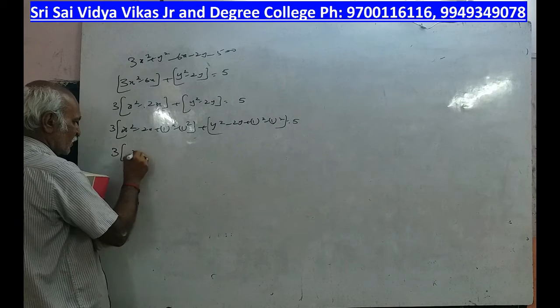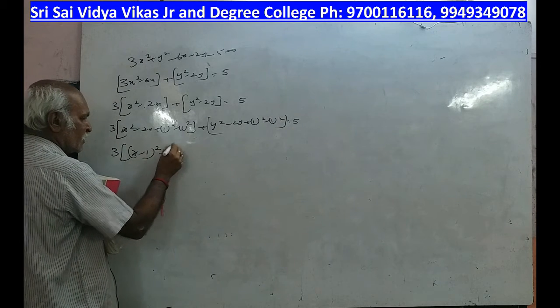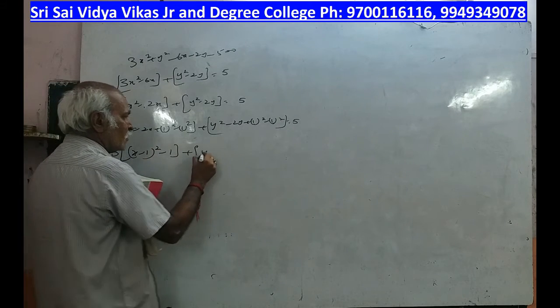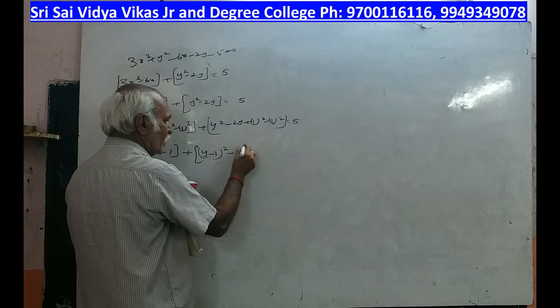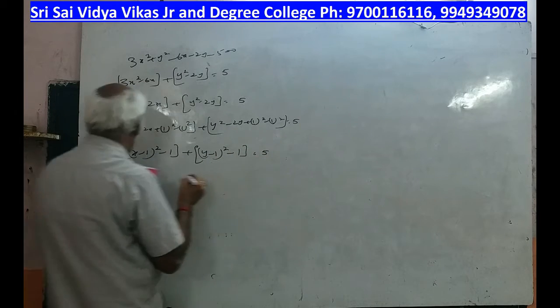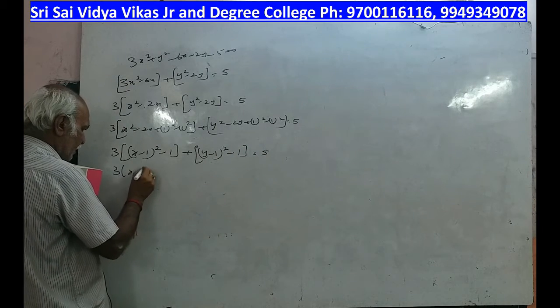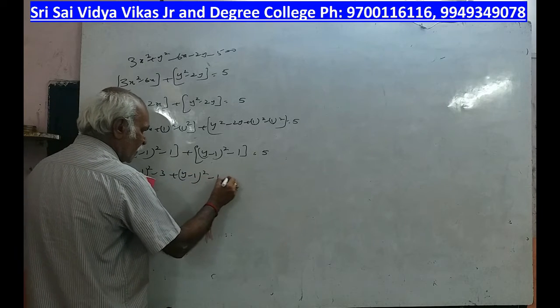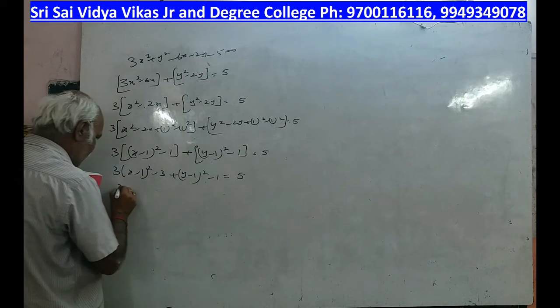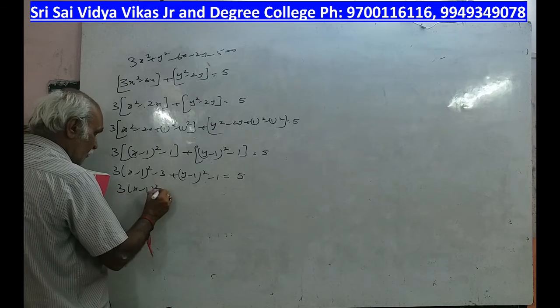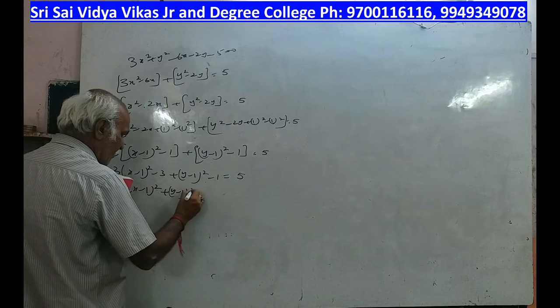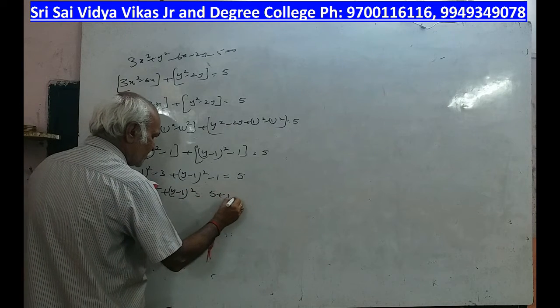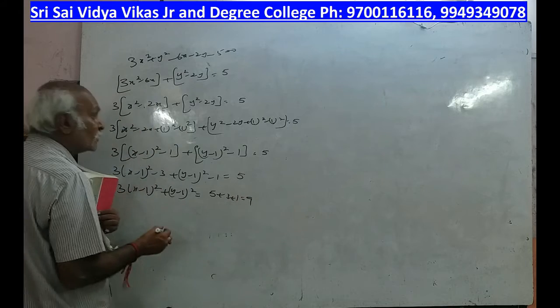So this becomes 3 into (x − 1)² − 1, (y − 1)² − 1 is equal to 5. 3(x − 1)² − 3 plus (y − 1)² − 1 is equal to 5, so 3(x − 1)² + (y − 1)² is equal to 5 + 3 + 1, which is 9.